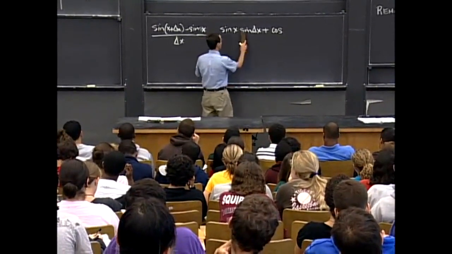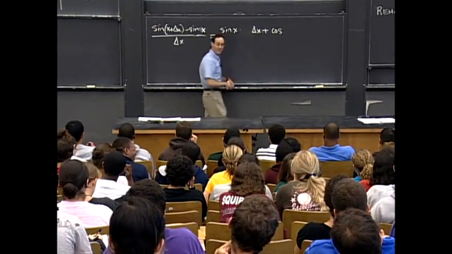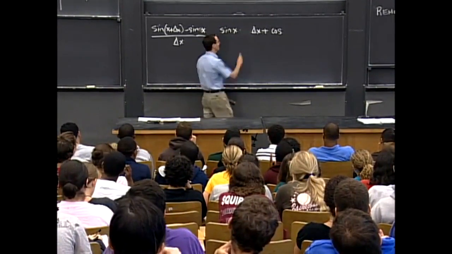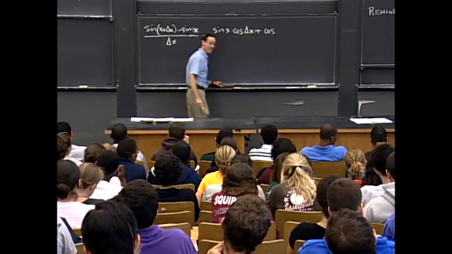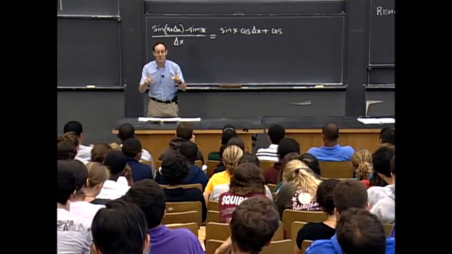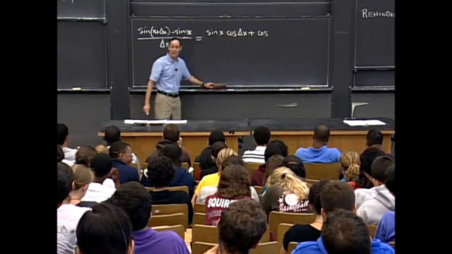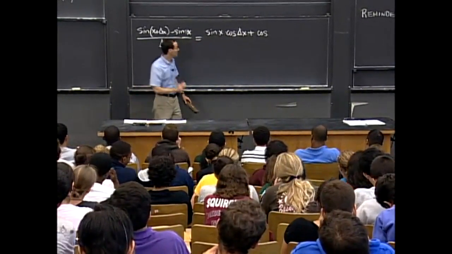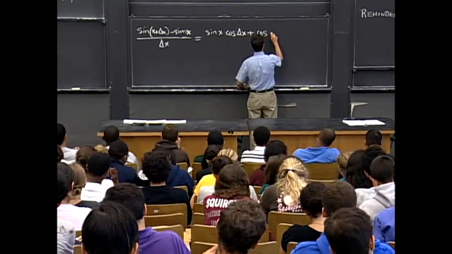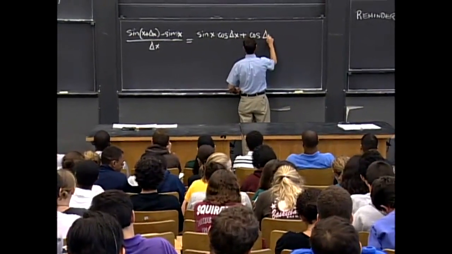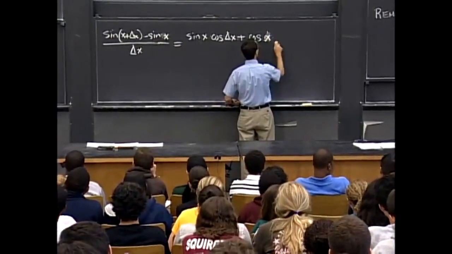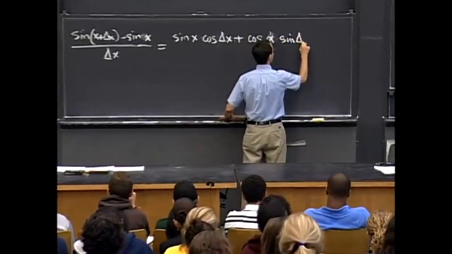All right, you better remember these formulas. It turns out that it's sine cosine, cosine sine. So here we go. No, you got to do x here, sine delta x.